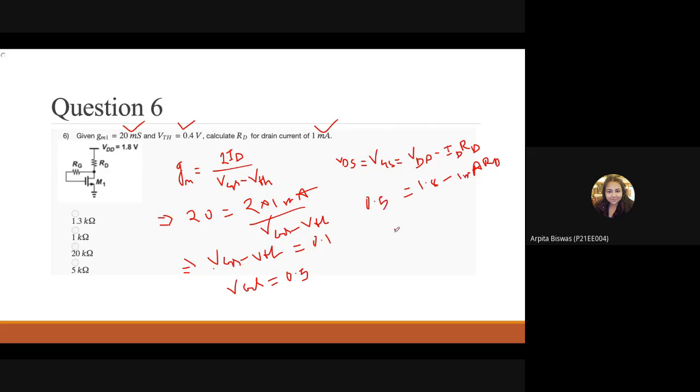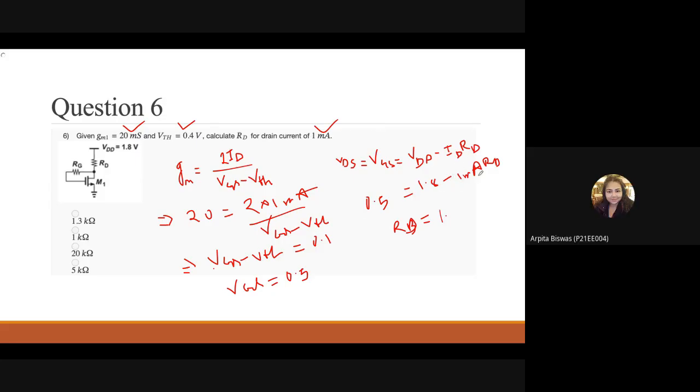So from here, RD is 1.3. Sorry, 1.7, ma'am? 1.7 or 1.3? Ma'am, we can write ID RD equal to 1.8 minus 0.5, then divide 1.8 minus 0.5 by 0.01, and we get the answer 1.3.